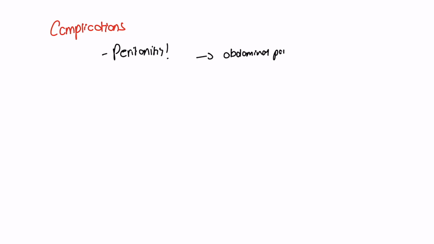So let's talk about complications of peritoneal dialysis catheters. The most important complication is peritonitis, referred to as peritoneal dialysis-associated peritonitis. The presentation typically is someone that develops abdominal pain, fever, and cloudy dialysate.